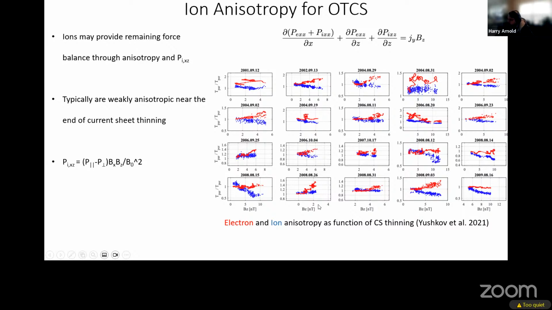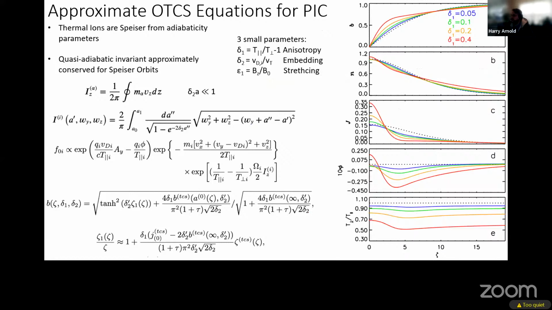And when you do that, you'll notice that for pretty much every single one of these at the leftmost side, you end up with a little bit of positive ion anisotropy, such that T parallel is greater than T perp. So we know that there is some electron anisotropy, but electrons aren't going to be enough. And we know that there is some ion anisotropy. So the question now is, well, are ions enough? So let's talk about that a little.